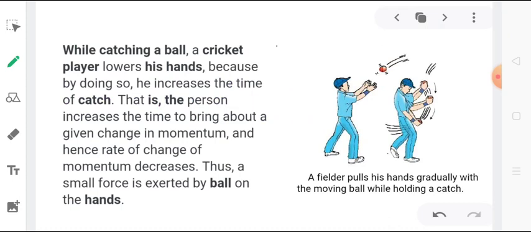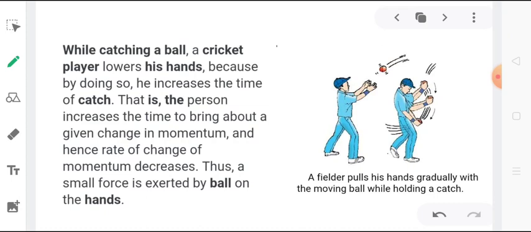Now we will discuss some common situations using Newton's second law of motion. This is a bit similar to what we have done in our previous class also. There we applied Newton's first law to analyze some situations. Similarly, we will be analyzing some common situations using Newton's second law. The first one: a fielder pulls his hands gradually with the moving ball while holding a catch.